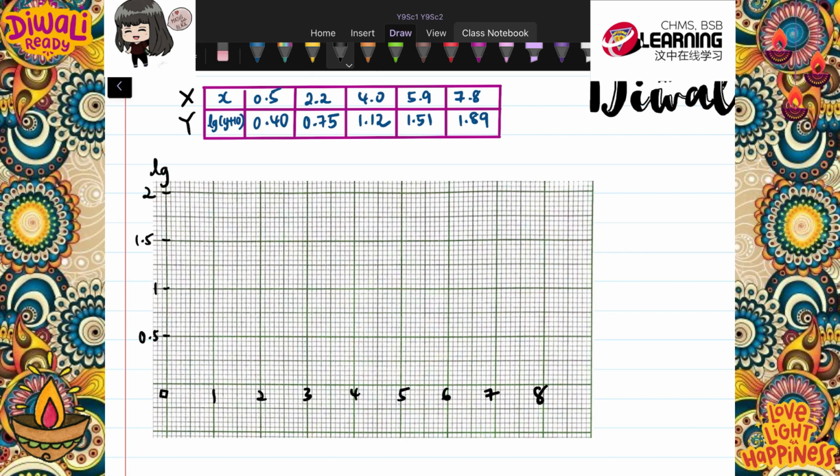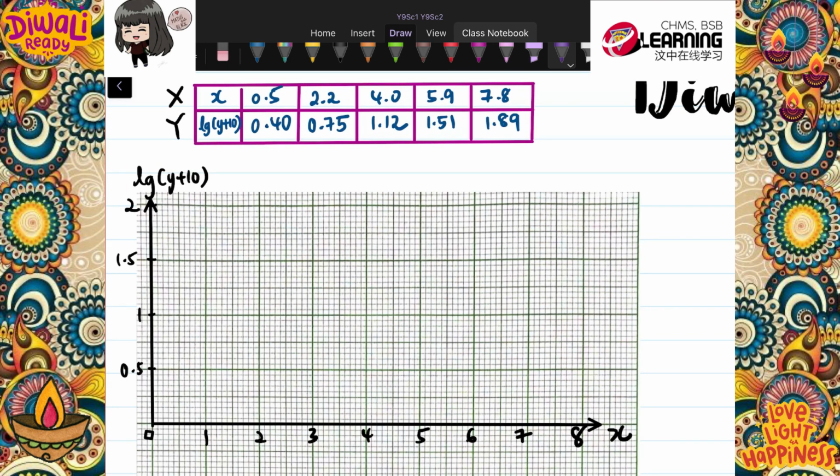This is my log of y plus 10, and this is my x. Now I'm going to plot my graph. Every 2 little boxes here is 0.1, so 0.4 is there. 0.75 is in between 0.5 and 1. And 1.12 is somewhere here.